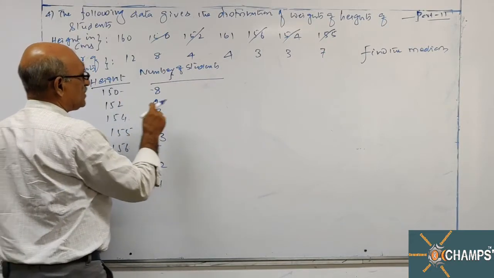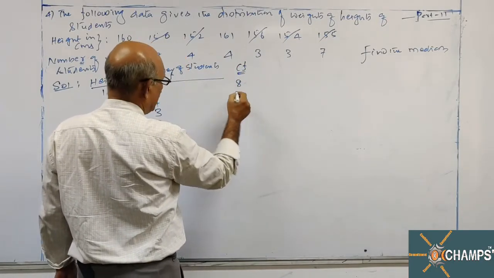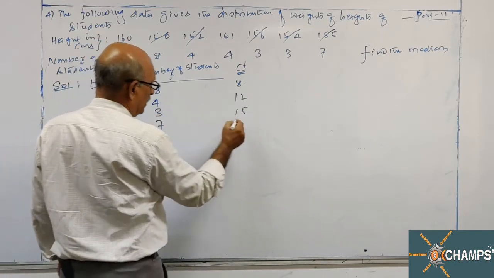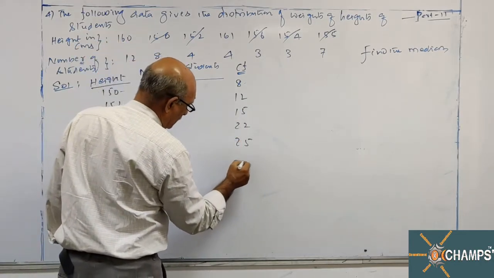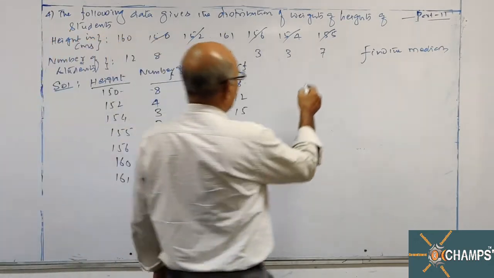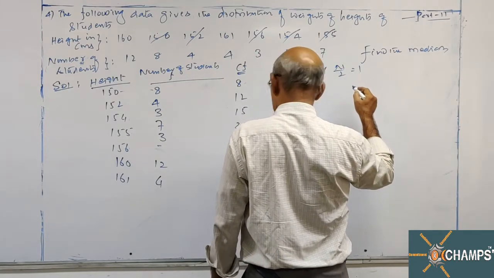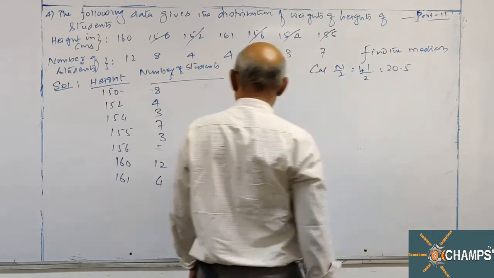So for calculation of median, cumulative frequency is required. 8, 8 plus 4, 12, 12 plus 3, 15, 22, 25, 37, 40. Now calculate n by 2, 41 divided by 2, 20.5.